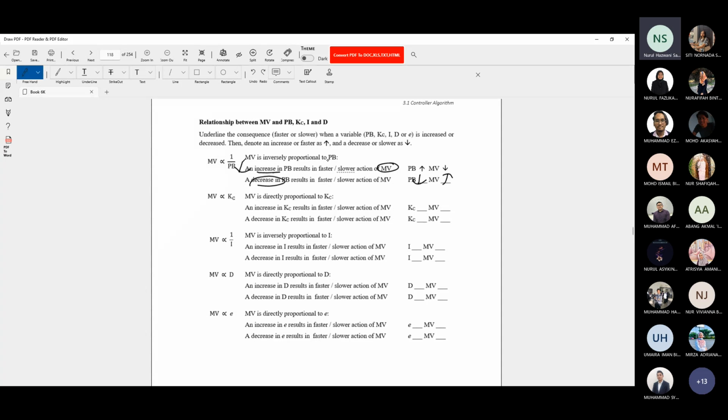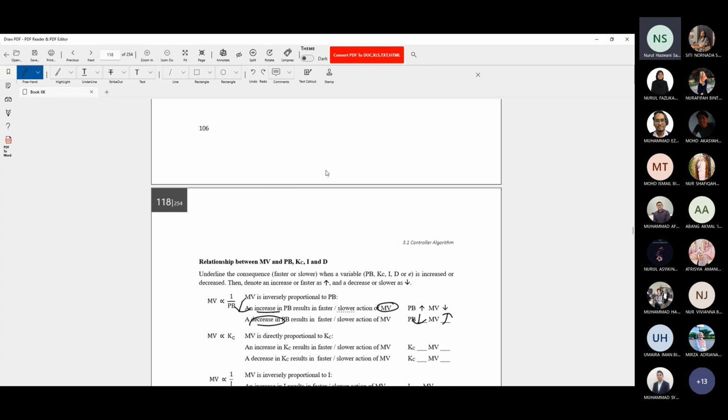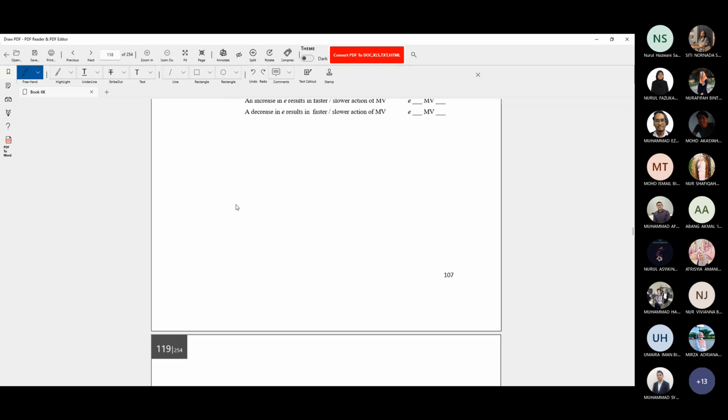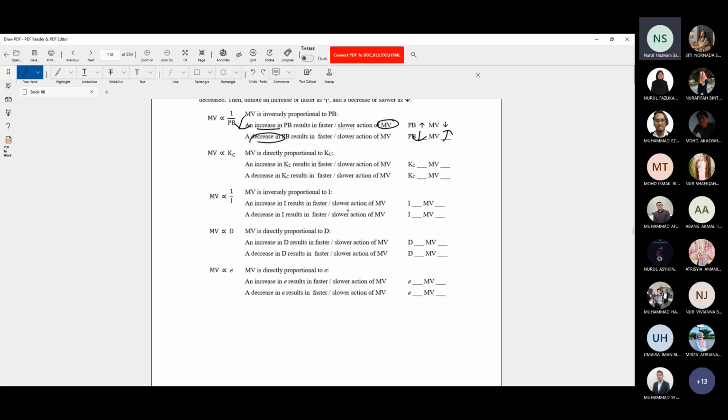Next, the relation of MV to KC. From this equation we can see MV and KC are directly proportional. So when KC increases, MV will increase.